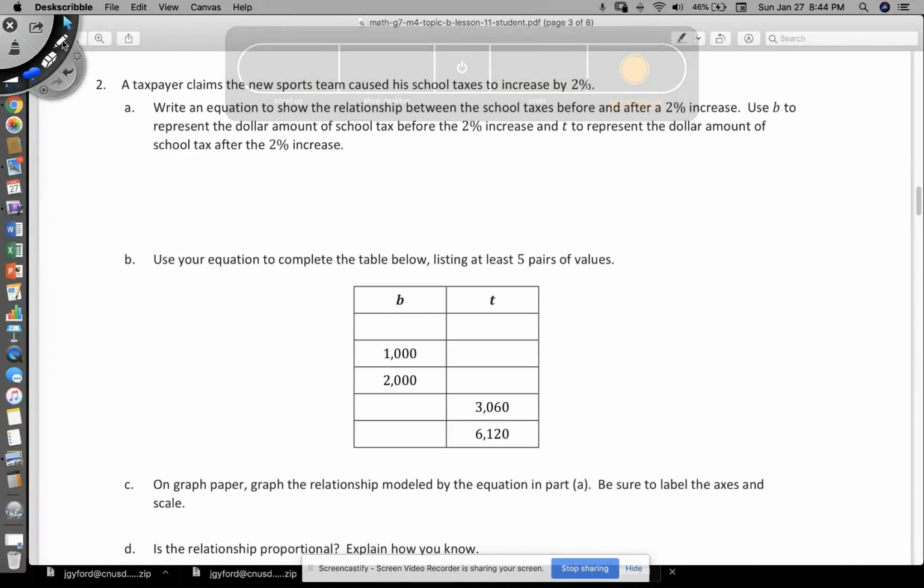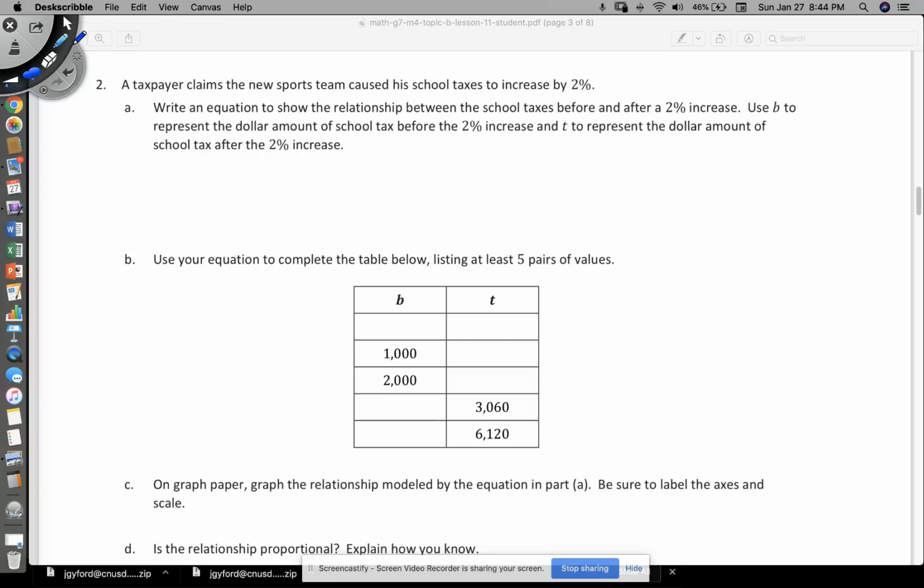All right, a taxpayer claims that the new sports team caused his school taxes to increase by 2%. So write an equation to show the relationship between the school's taxes before and after the 2%.